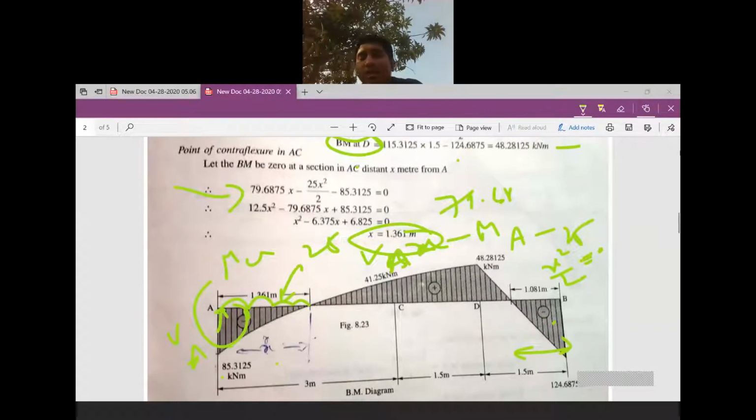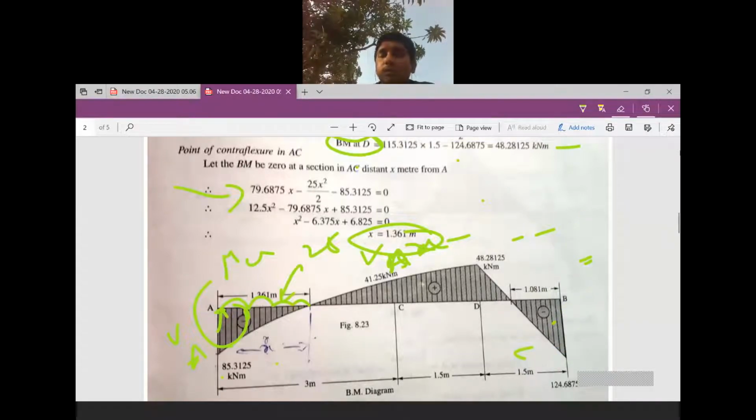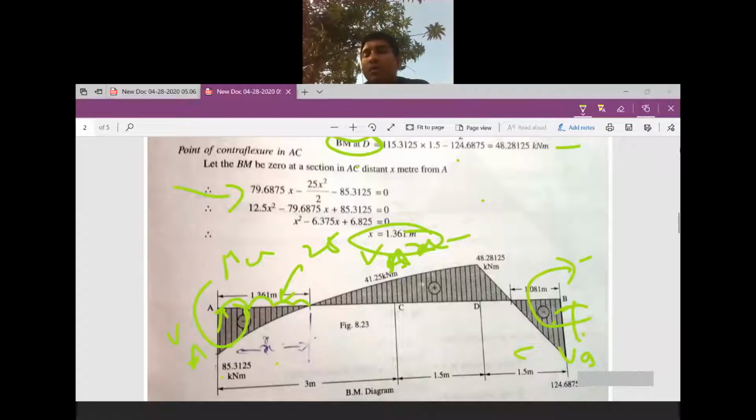Similarly, if you want to calculate from the right side, you have a support reaction VB and the moment MB acting in the clockwise direction.